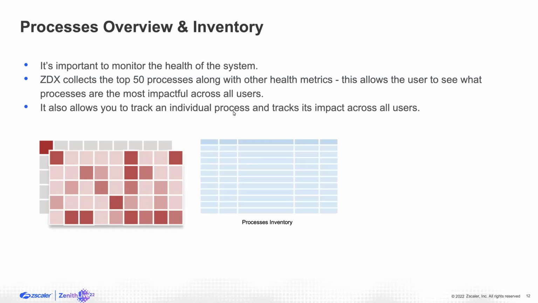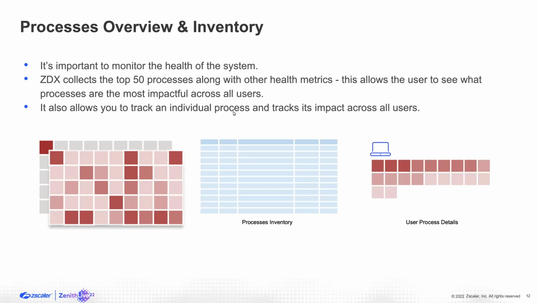Yes, you also have a flat list of all these processes. However, slicing and dicing this information in a flat list becomes a little bit difficult. But in any case, you do have the option to choose what these processes are and how many users have them in a flat list format as well.